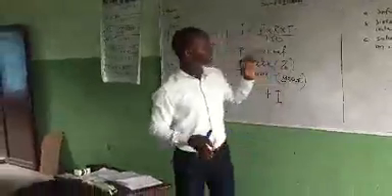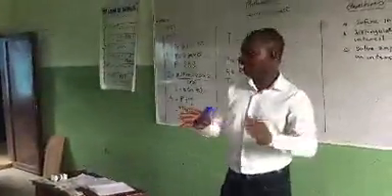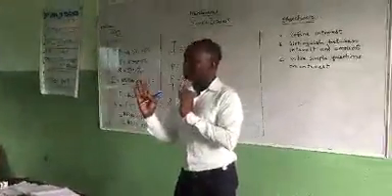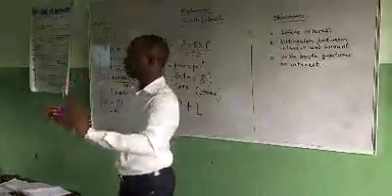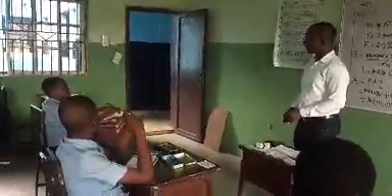Okay, another question. What is the difference between simple interest and amount? Can somebody tell us the difference between amount and interest? Interest is a charge on money, while amount is principal plus interest.